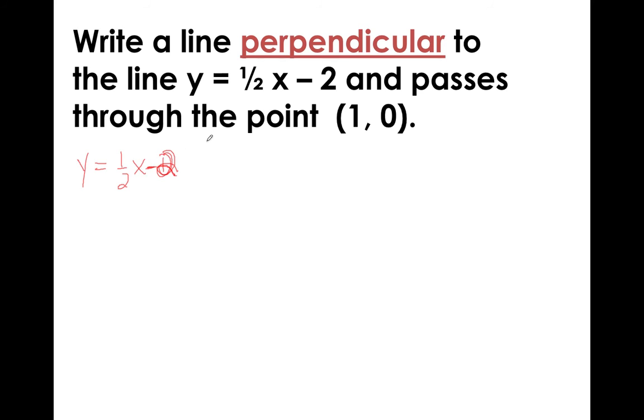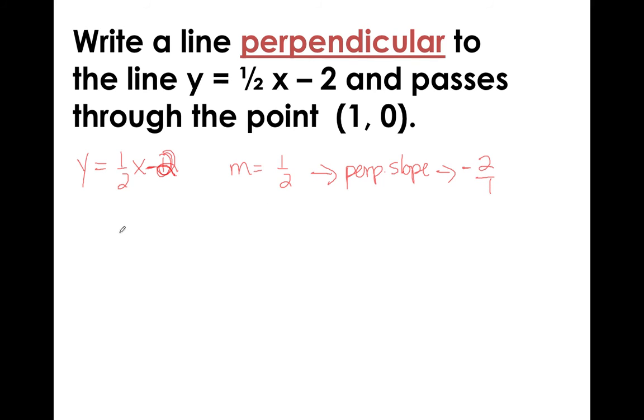Second thing, since my y is isolated and it's in slope-intercept form, then what is the slope? Well, the slope is 1/2. But since we want the perpendicular slope, we do the opposite reciprocal of this, which is -2/1. Because remember, if my slope is 1/2, then a perpendicular slope is -2/1.